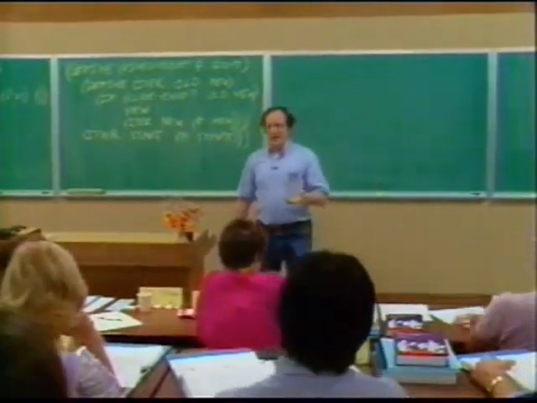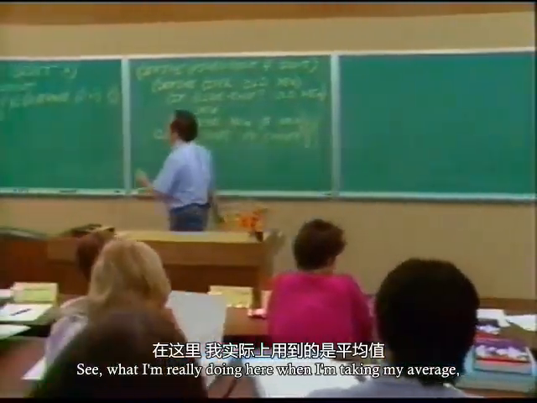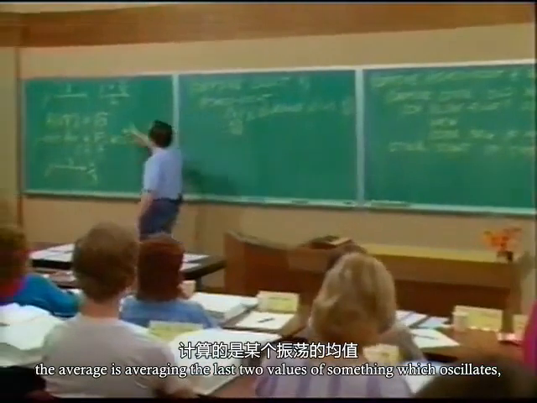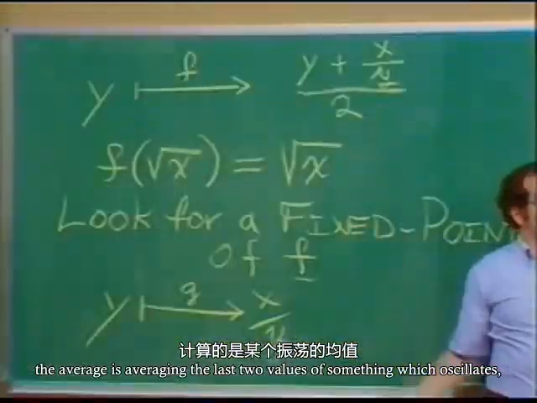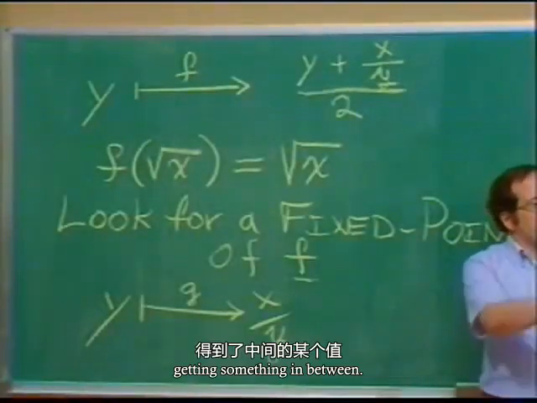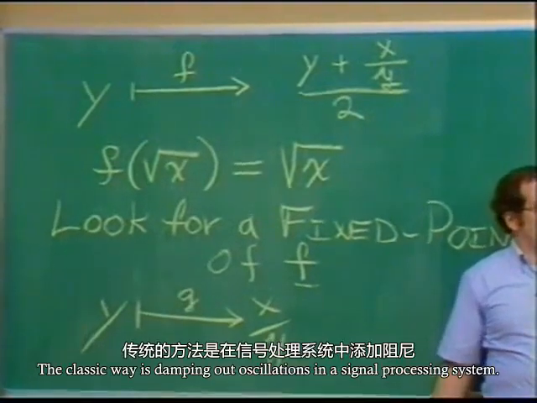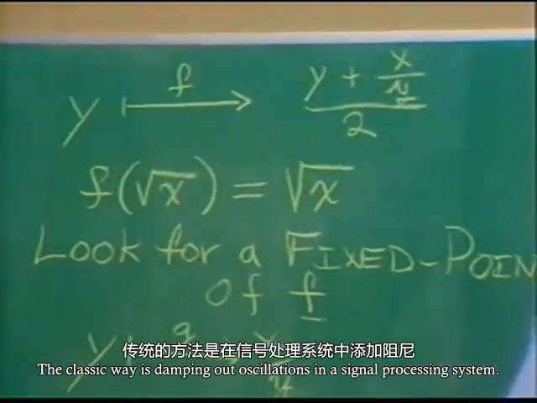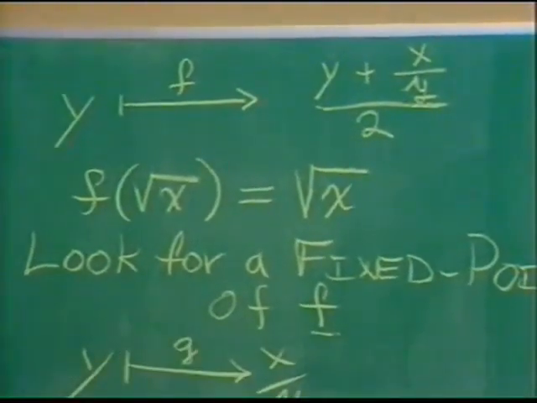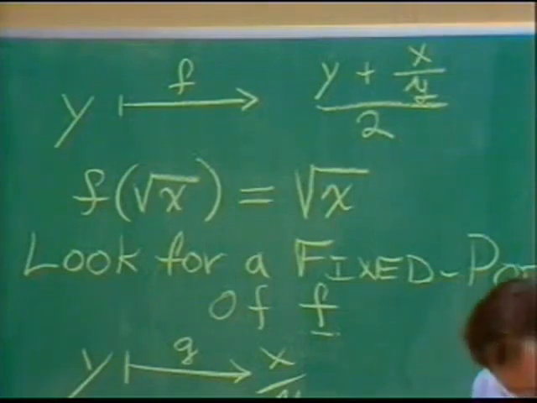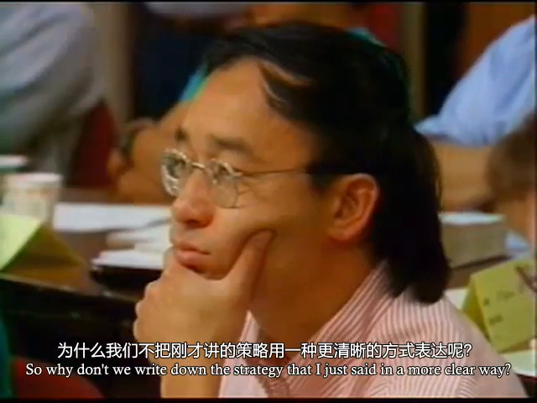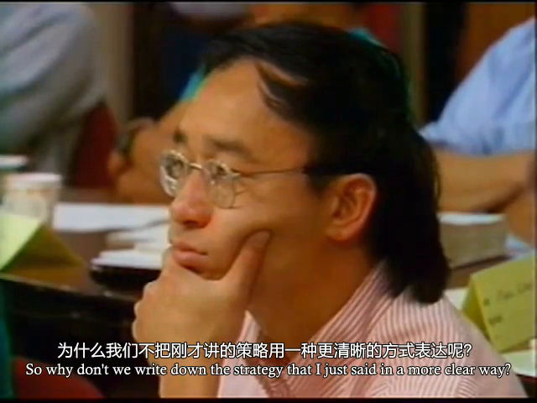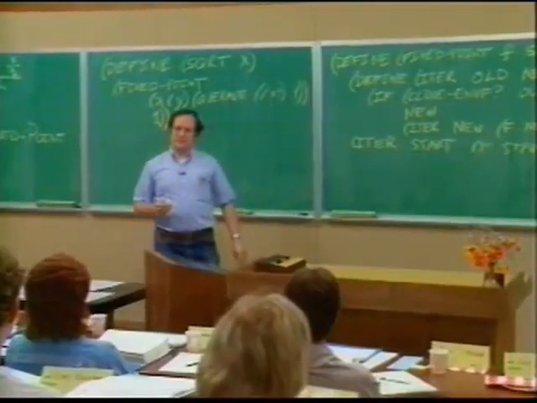Well, I can do that. See, what I'm really doing here when I'm taking my average is averaging the last two values of something which oscillates, getting something in between. A classic way is damping out oscillations in a signal processing system. So why don't we write down the strategy that I just said in a more clear way?